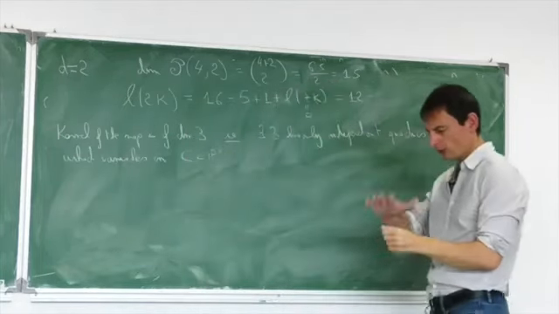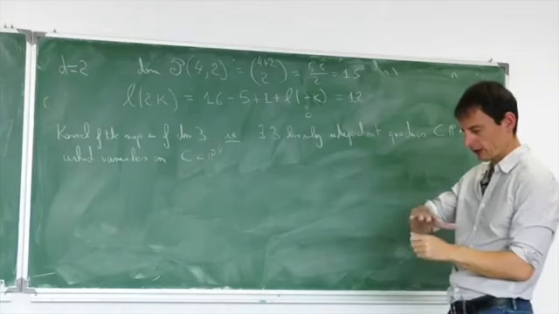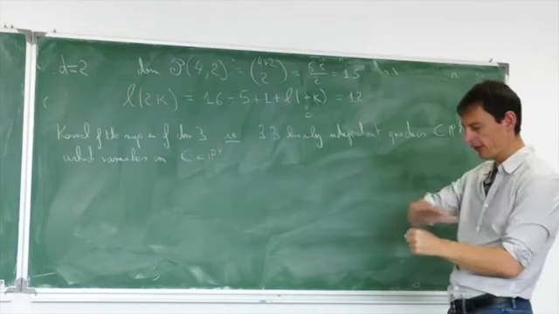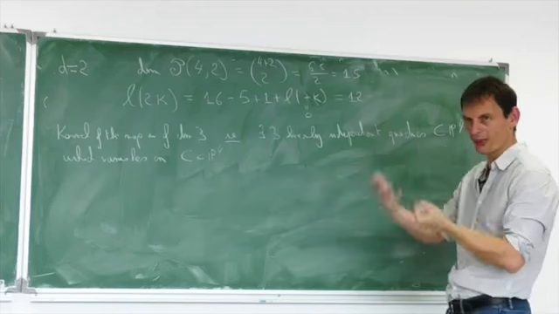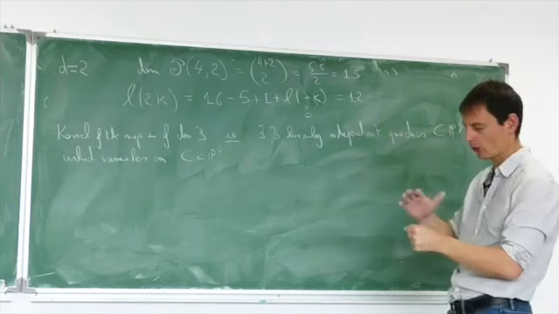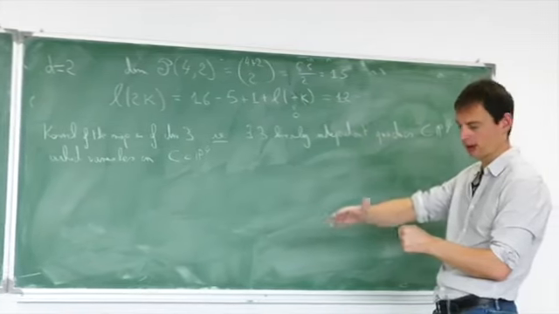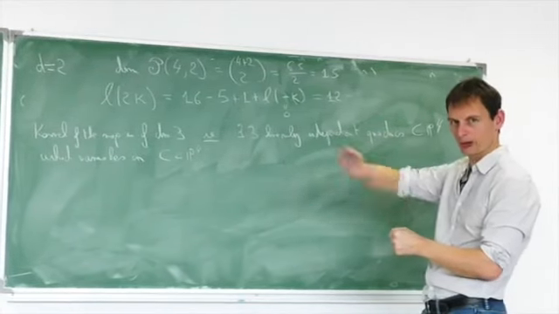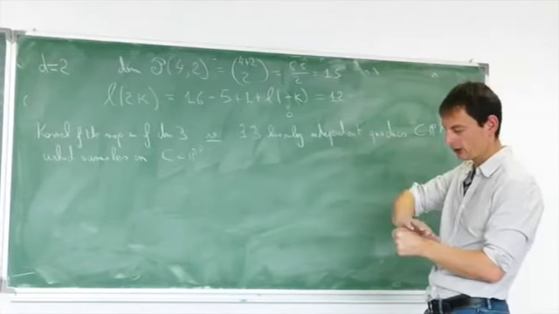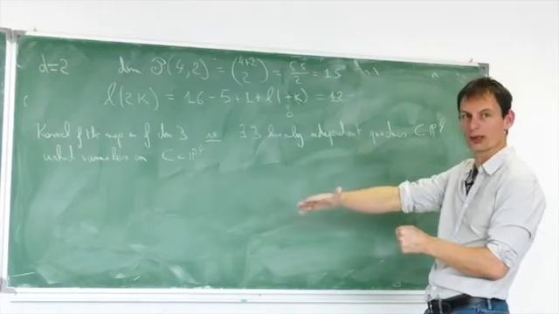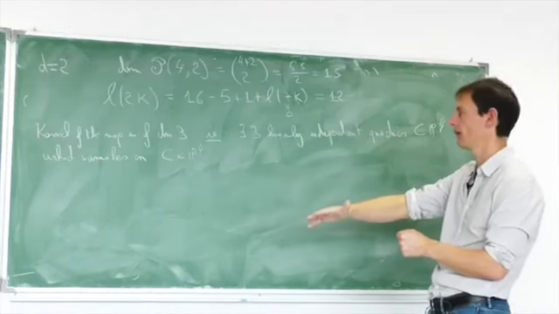Okay, so 3 quadrics. So each time I have a quadric that normally should get rid of one dimension. So one quadric, I have a dimension 3 object. 2 quadrics, I have a dimension 2 object. 3 quadrics, I have a dimension 1 object. So I have my curve, and I should be fine.